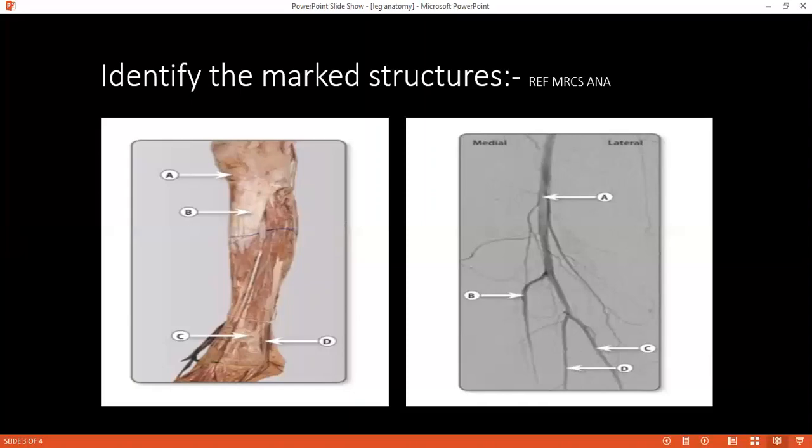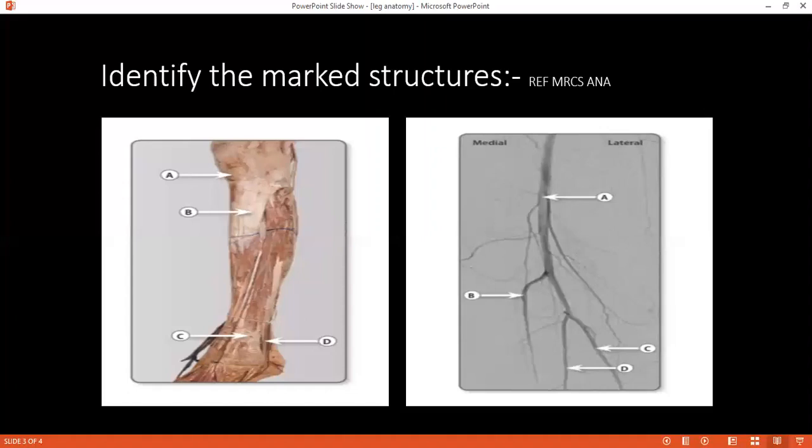Okay. Can you please tell me what are the structures which pass behind the medial malleolus, if you can tell? Structures that pass behind the medial malleolus are tibialis... I remember. That's all right. No stress. There is a mnemonic.